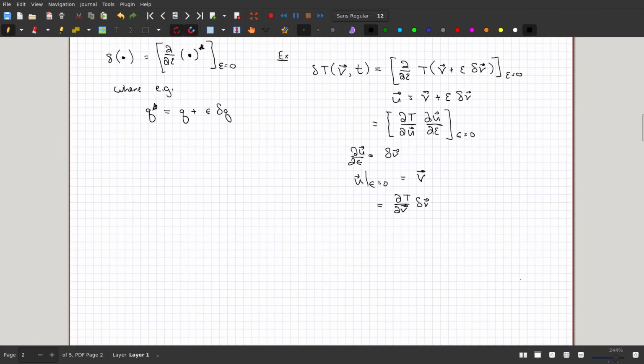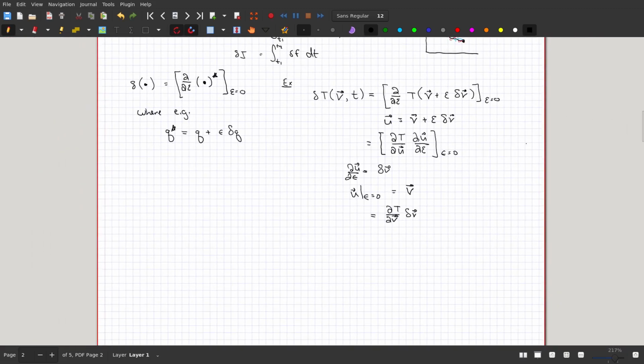All right, so that's just an example of using the variational operator, and it's no different than if I asked you to compute an increment d held fixed in time. If I said, what is dT, you would say partial T partial V dV, right?